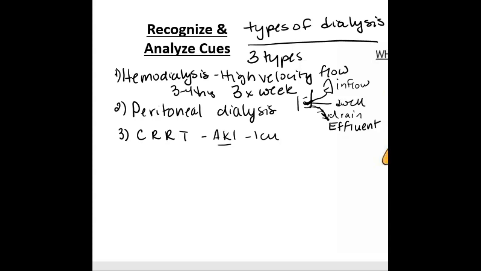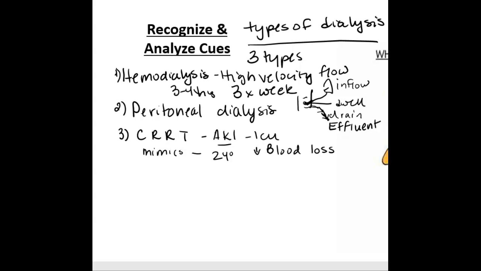And still requires vascular access, but generally through temporary vascular access, which we'll discuss. And this one mimics the kidney function. So it mimics the real kidney function. So this is 24 hours at a time that it's done, basically a very, very slow exchange so that there's a decreased risk of blood loss.